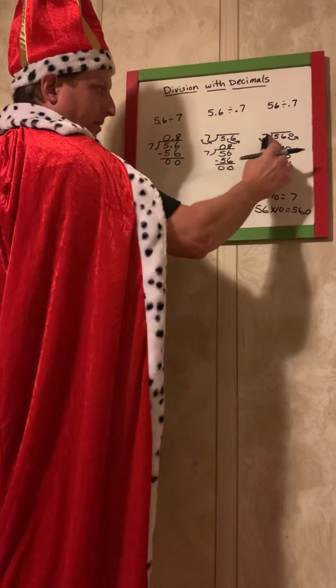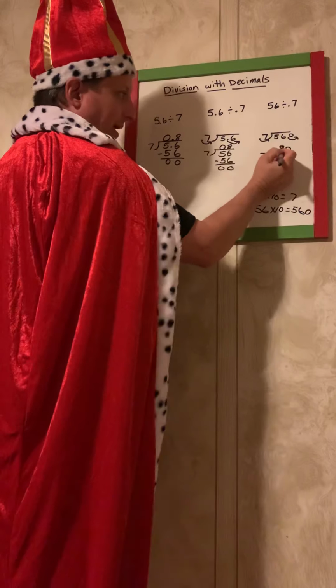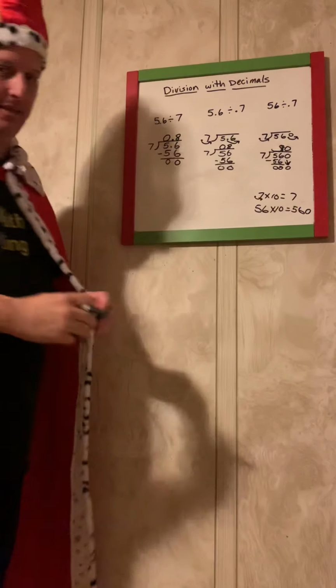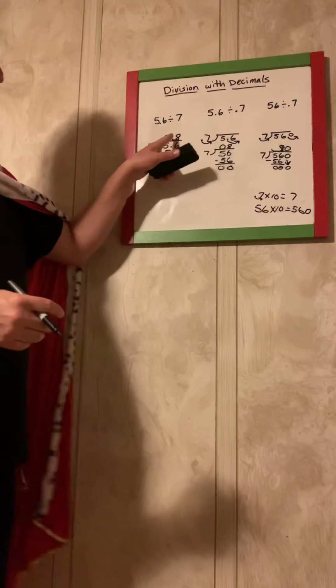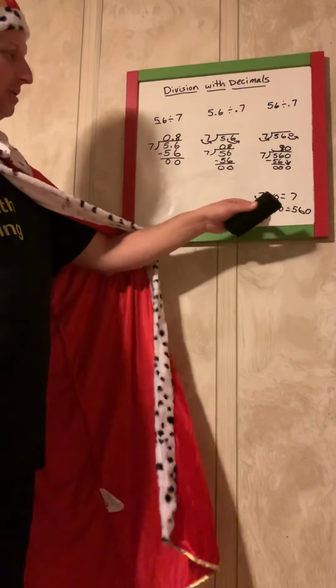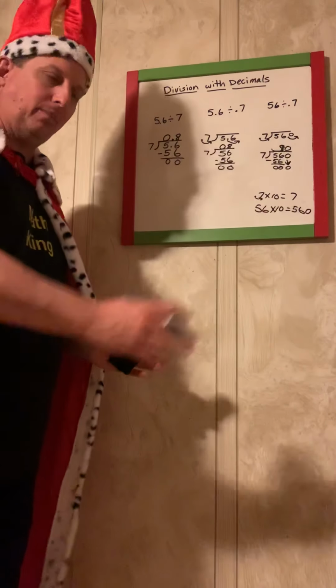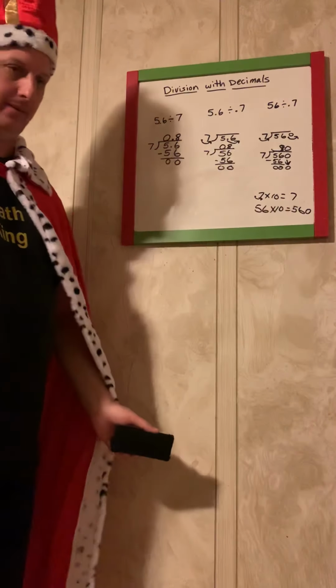I can get rid of that one. That leaves me with 80 this time. 80 instead of 8/10 or 8, I'm left with 80 because of my changing the decimal places and moving everything one place to the right or multiplying by 10.